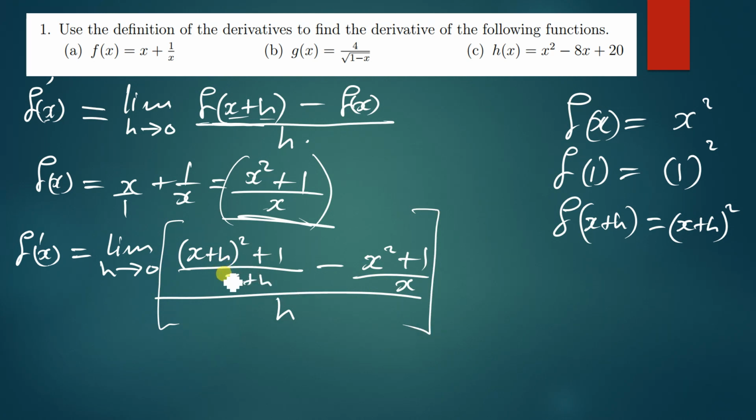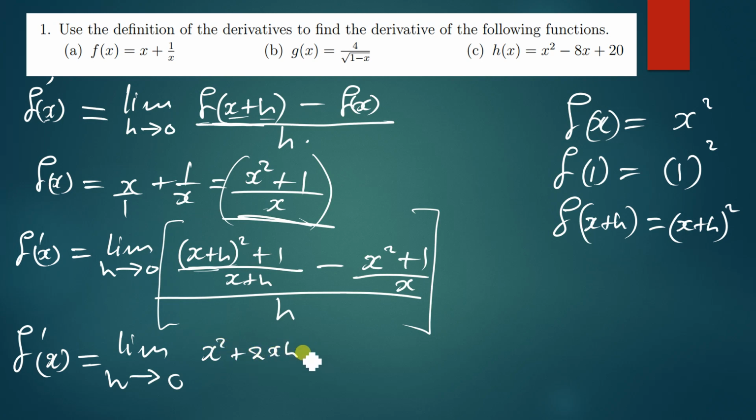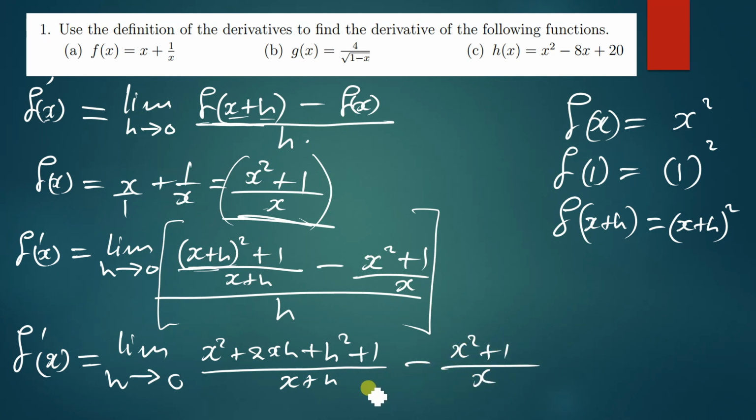Now what we are supposed to do here is simplify this part. So f prime of x is equal to the limit as h approaches 0 of, when you simplify this, x squared plus 2xh plus h squared, plus 1, then everything over x plus h, minus x squared plus 1 over x.